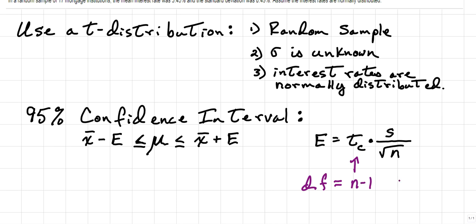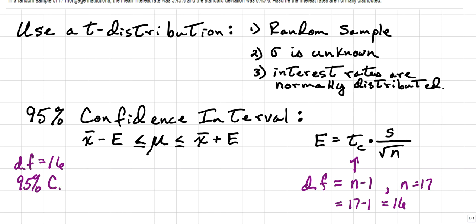In this particular case, n is equal to 17, and therefore the degrees of freedom will be equal to 17 minus 1, which will be 16. And now we need to go ahead and use our t-distribution table for degrees of freedom equal to 16 and a 95% confidence interval.